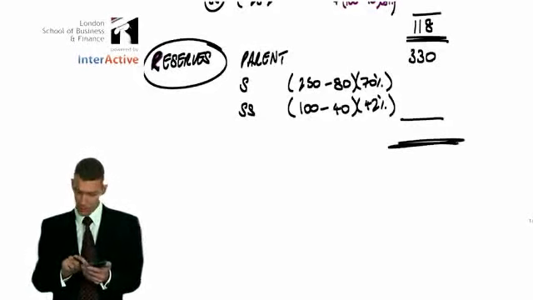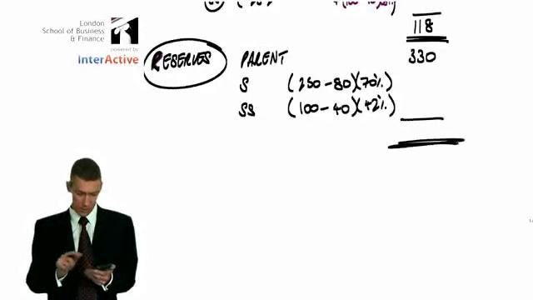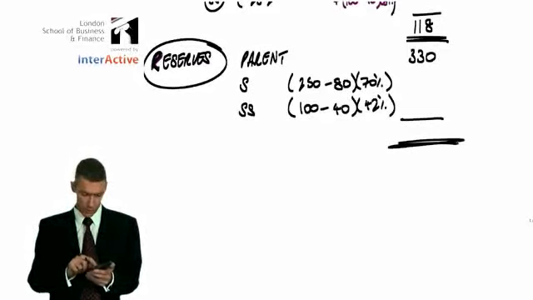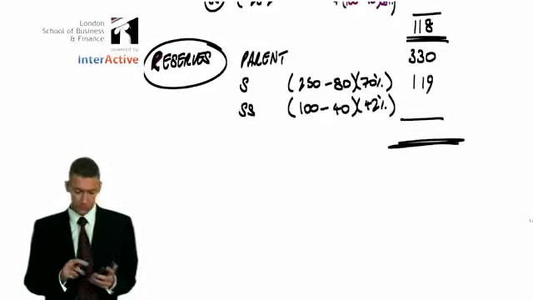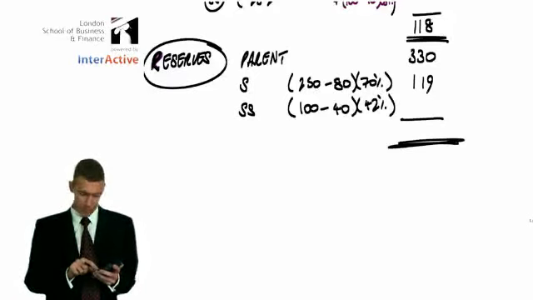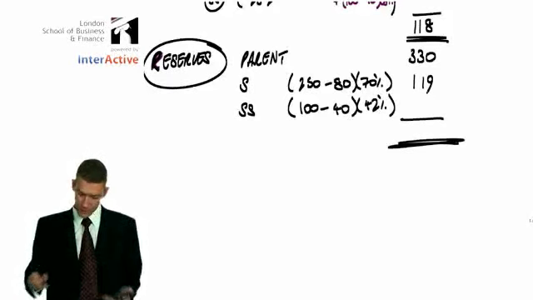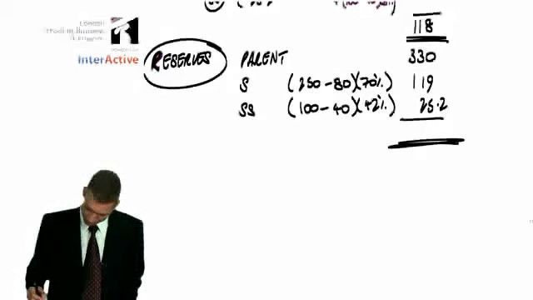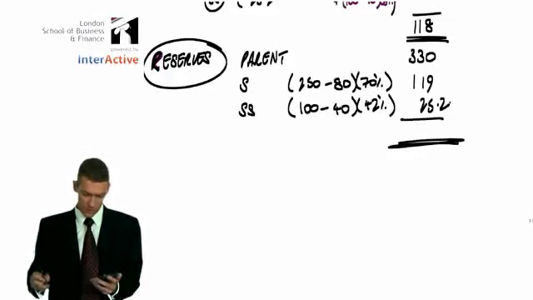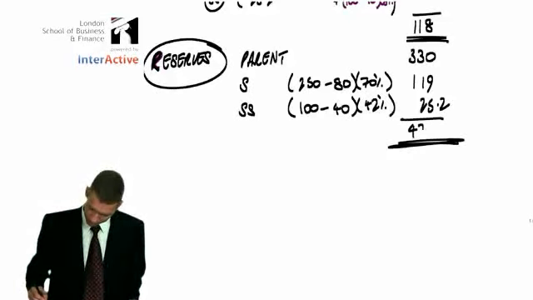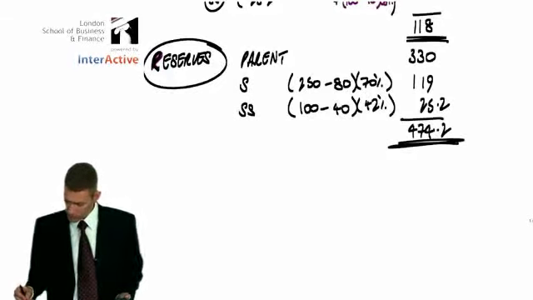We work that across, we add down. So 250 minus 80 equals 170 times 0.7 is 119. And 60 times 0.42 is 25.2. Plus 119 plus 330 is 474.2. So it's been a while since I've done this question.